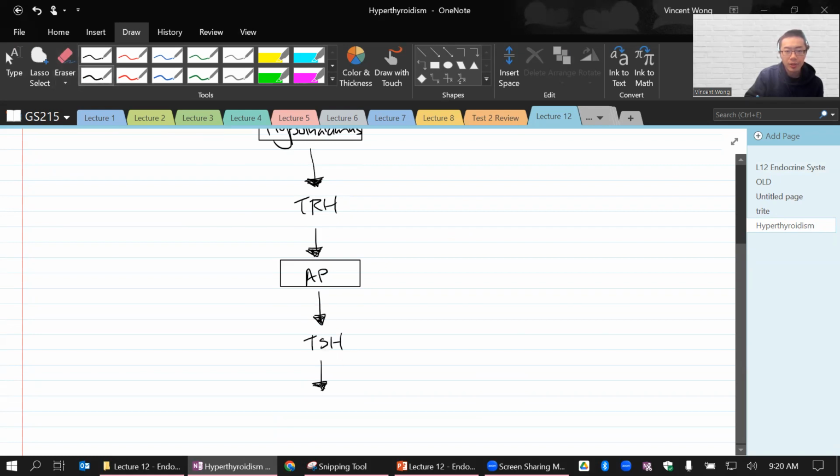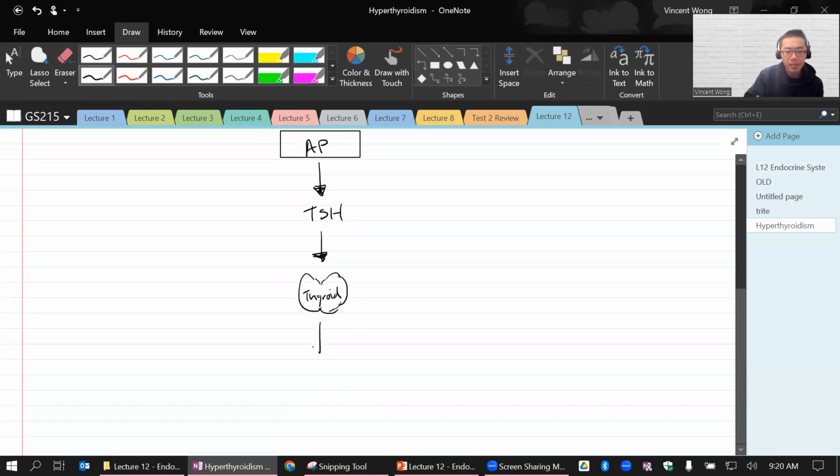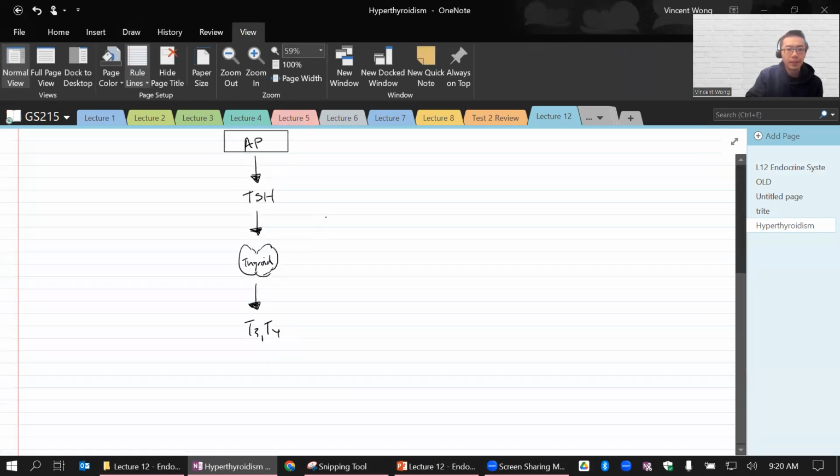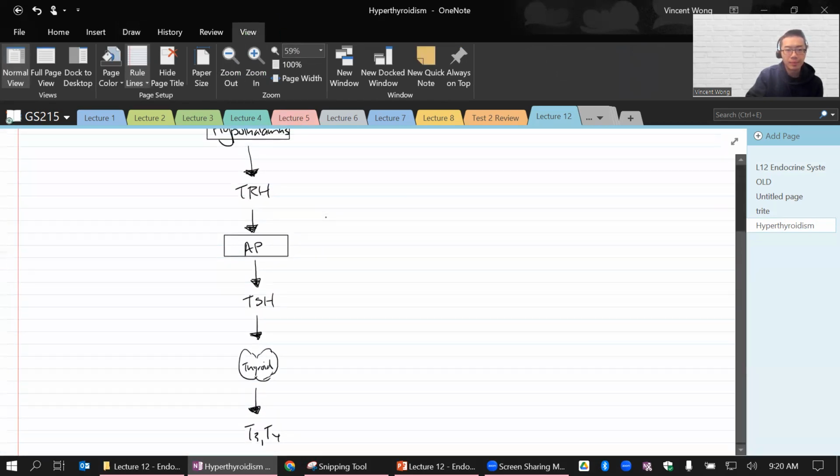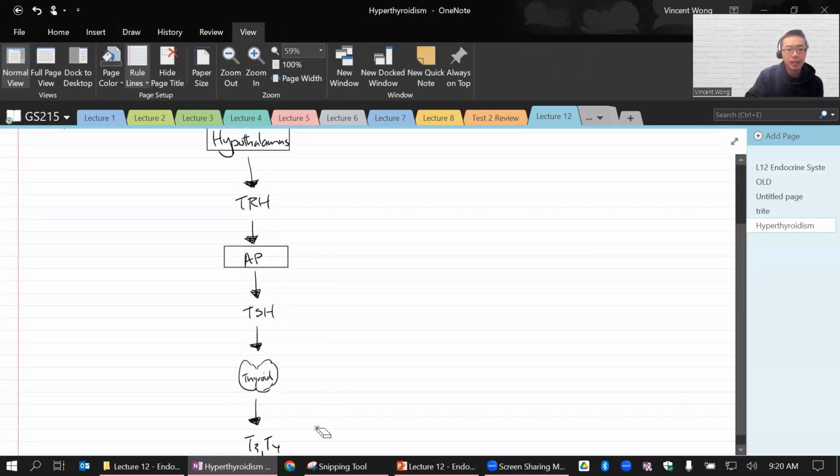Which then acts on the thyroid, right? And that pumps out the T3 and T4. Okay. This is basically the HPA. And of course, T3, T4 suppresses these ones, right? Block the AP and block the hypothalamus in a negative feedback loop.